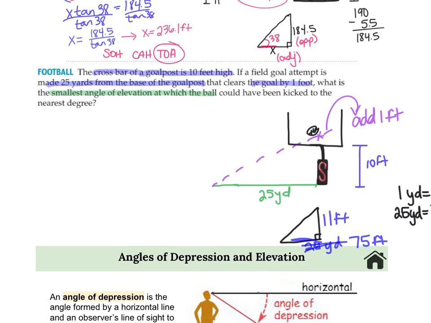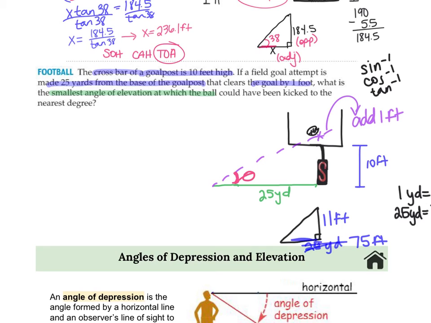Okay, so again, the last thing we were asked to do is solve the smallest angle of elevation. In order to do that, we know we're looking for the angle, so we have to use the inverse. Remember, inverse is where we have this little negative exponent at the top. It's what helps us solve for the angle measurement when we're given side lengths.